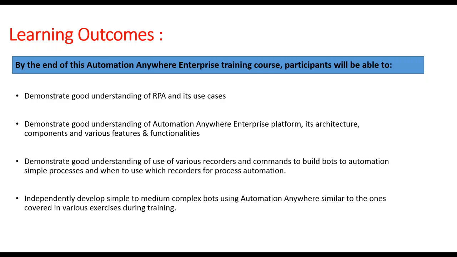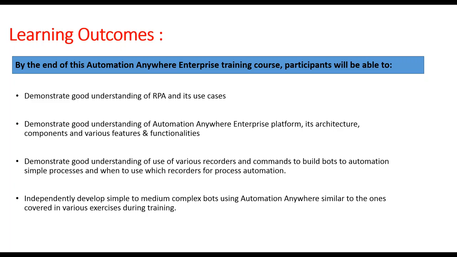Outcome. Once you are done with the training sessions, you would have a good understanding of RPA and its use cases. You will be fully equipped to start building your own automation scripts, and you'll be fully aware of all the components of Automation Anywhere as a tool.